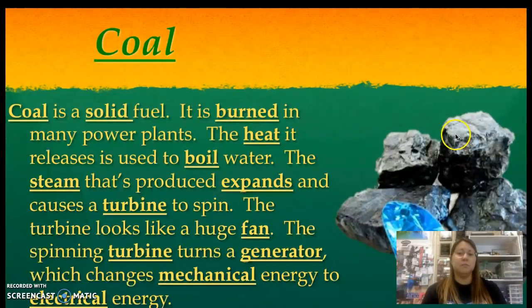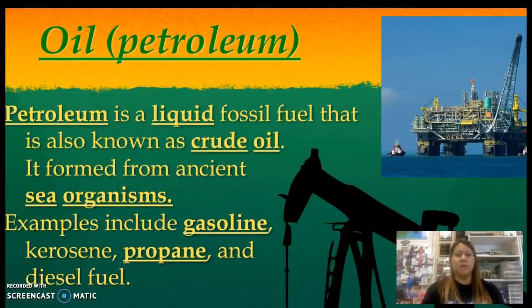It's burning these chunks of coal, which can be really shiny and high quality bituminous coal, or can be really crumbly, poor quality coal. It's burned in a lot of power plants. The heat is used to boil water to produce steam, and that helps turbines to spin at these power plants. It's going to create this mechanical energy and then transfer that into electrical energy.